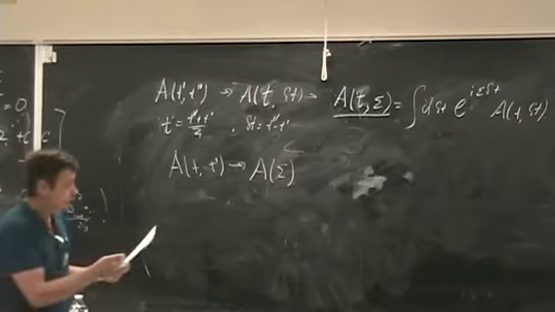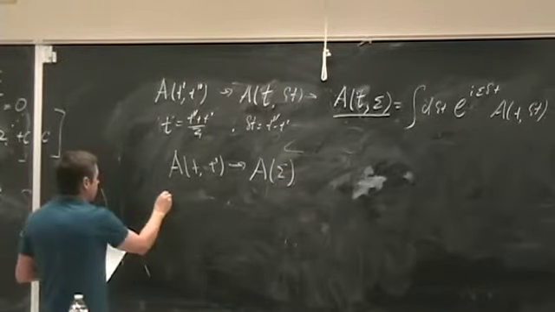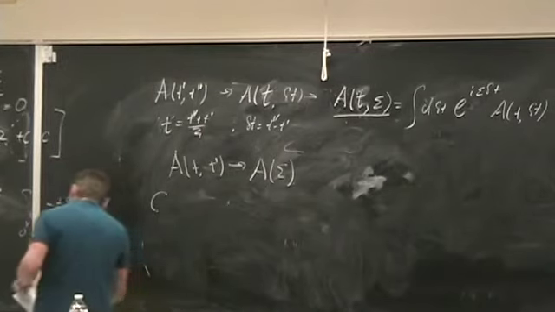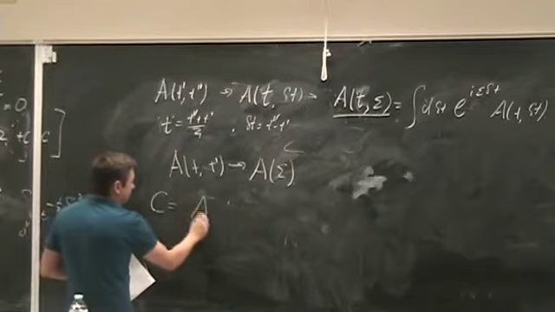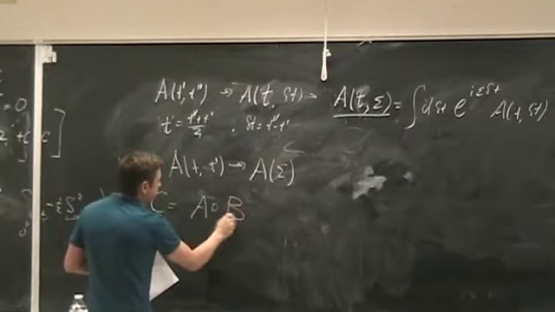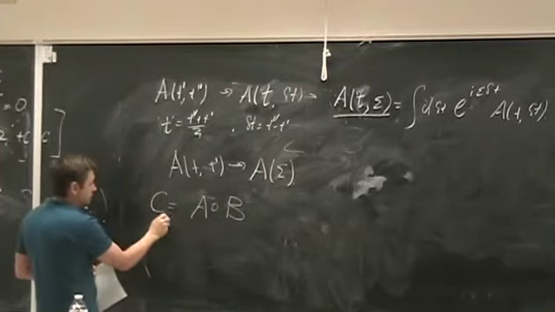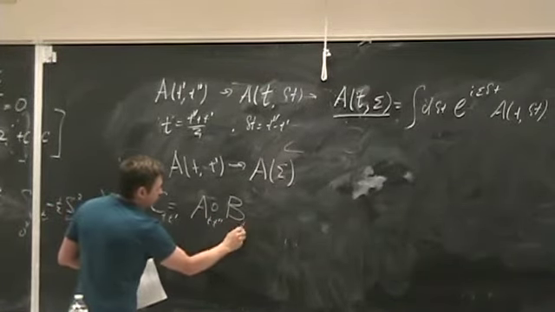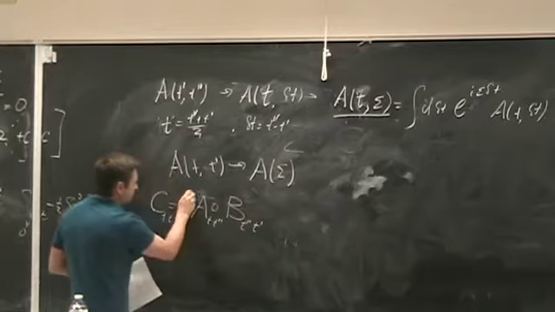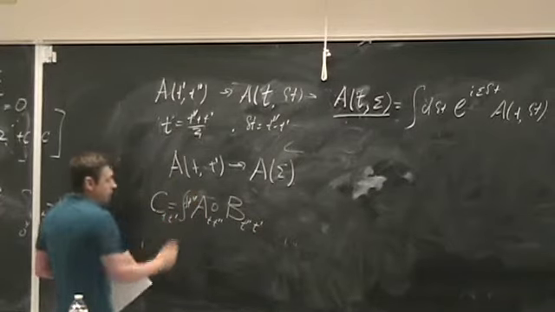So if I have a matrix C, which is a matrix convolution of A and B, so that essentially means it's C of t and t prime equals A of t, t double prime, B of t double prime, t prime, and integration dt double prime.